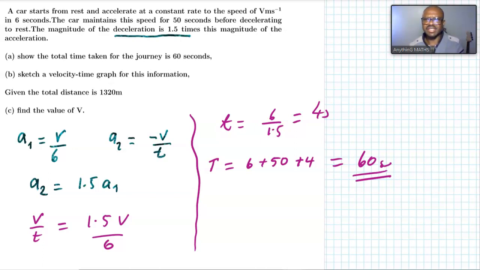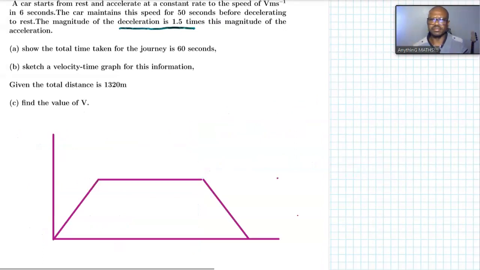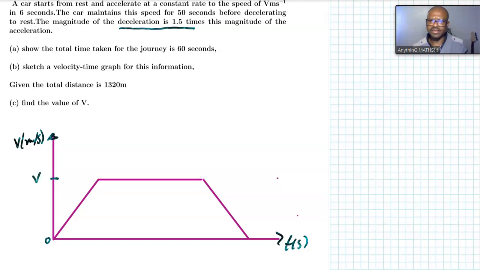The next question is to sketch the velocity time graph for this information. To sketch the velocity time graph, we have V in meters per second on the vertical axis and T on the horizontal axis. You start from rest and go up to a point that we say is V. From here to here, we know that this is 6 seconds.